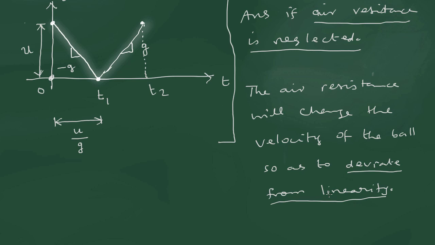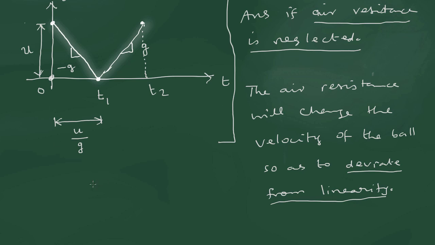So now you can immediately tell the answer. If the air resistance is not neglected, you have to consider the deviation from linearity. That means you have to slightly change the graph so that it is not a straight line. Deviation from linearity means changing a straight line to a not straight line.